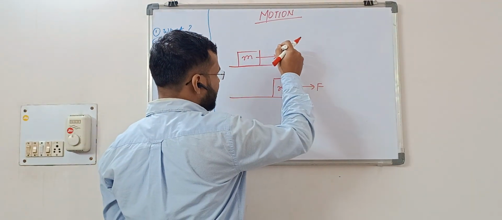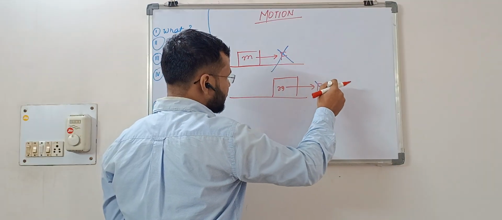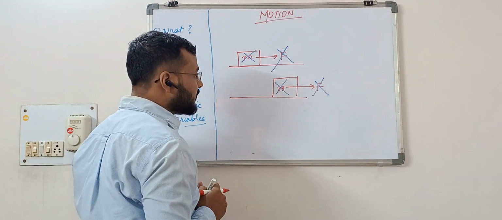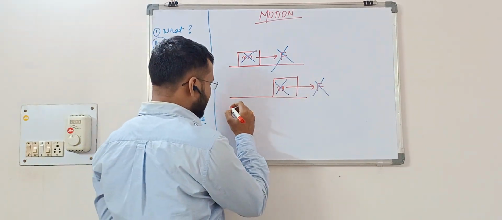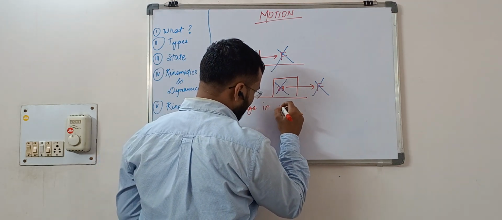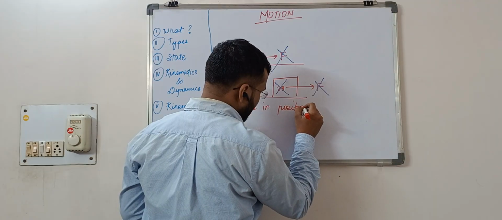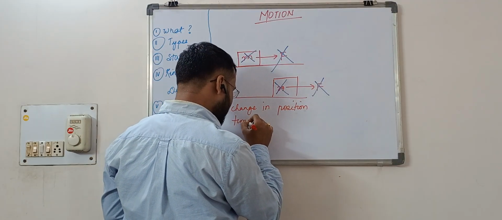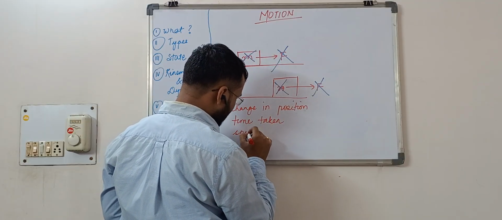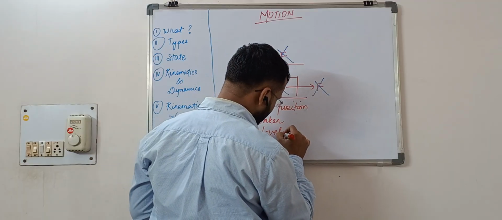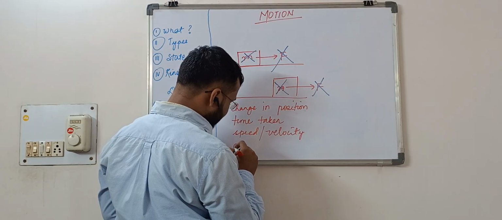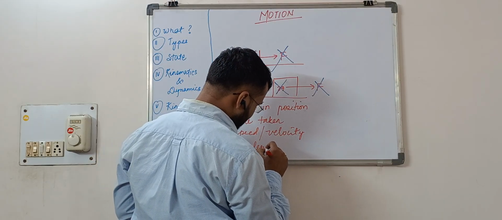Now, kinematics is the study of motion without taking into effect the cause for motion, right? We are not going to look into the cause of motion, and the cause of motion here is force. We will not be looking at force, neither will we be looking at the mass of the object. We will only try to understand what was the change in position, the time taken for the change in position, what was the speed/velocity, was there any kind of acceleration, right?